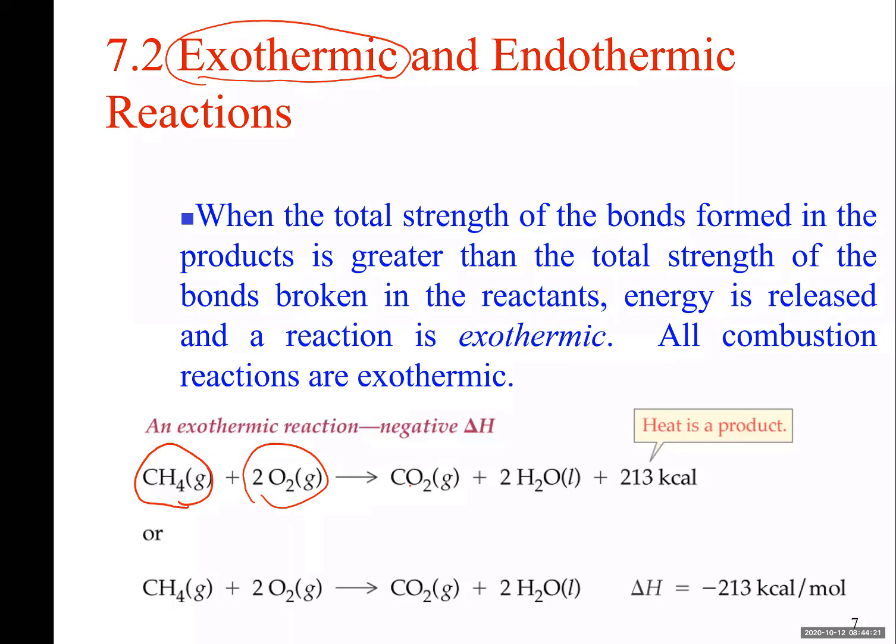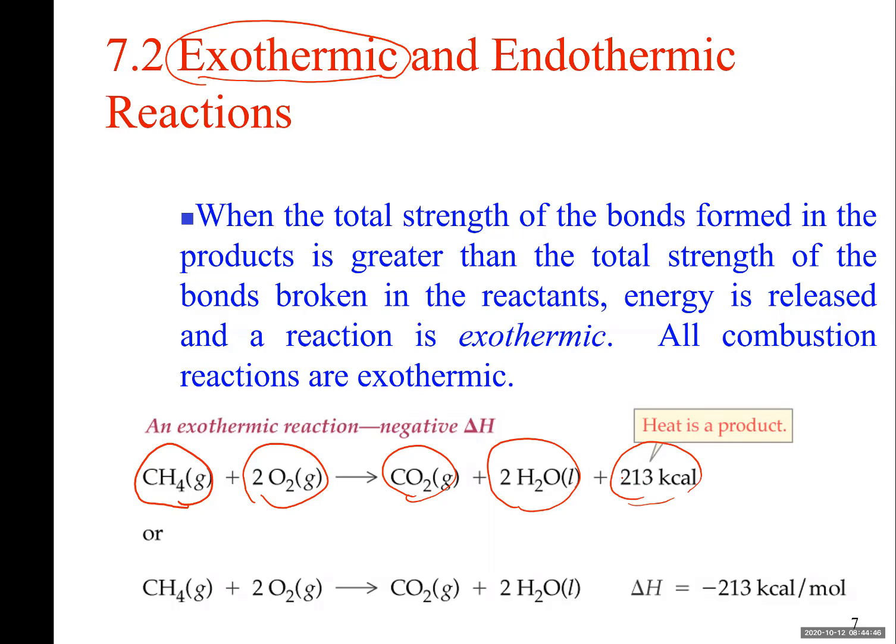That means natural gas is burned. It produces carbon dioxide. Its carbon is oxidized to carbon dioxide. Its hydrogen is oxidized to water. And obviously, burning methane gas is going to produce heat.